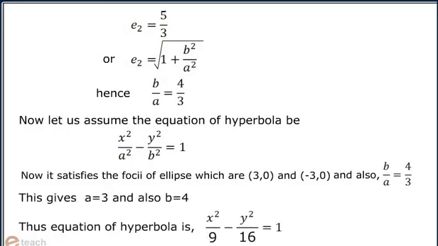This gives a equals 9 and also b equals 12. Thus, the equation of the hyperbola is x squared by 81 minus y squared by 144 equals 1.